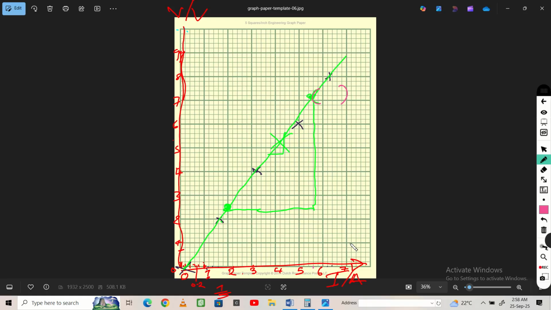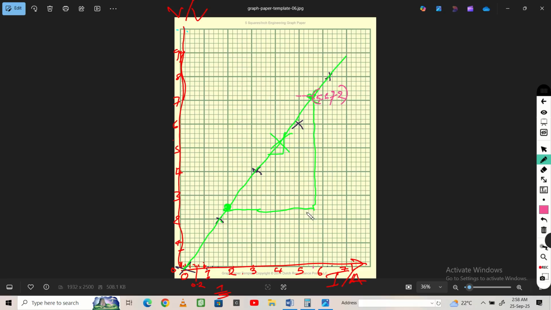So your x value will be 5.6. Right? And what will be my y value? You look here from this line. You go across. It'll be 7.2. So you have 7.2. Right.